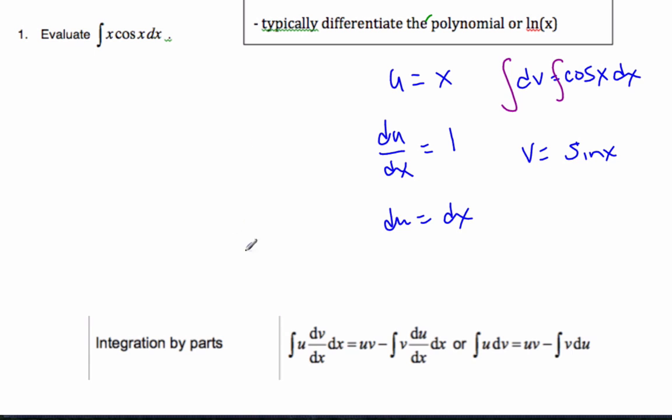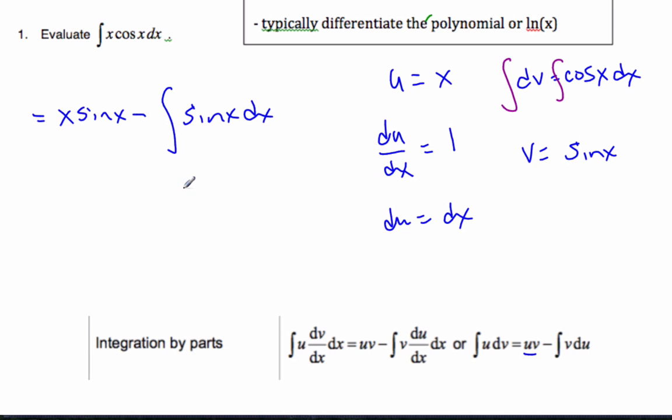Then I go back to substituting with my formula. I know that I need uv, u is x, v is sine x, minus the integral of v, which is sine x, du, which here is dx.